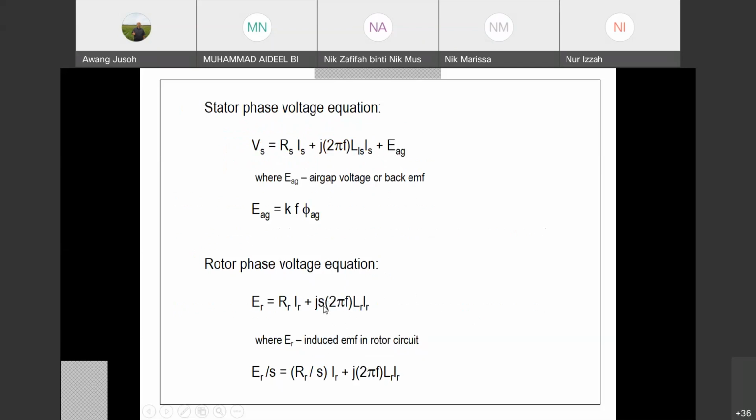So SF1 represents the frequency of the rotor side. On the stator they have F1 frequency, and on the rotor side you have F2, the rotor frequency. Two different frequencies, related by F2 equal to SF1. Simple like that. At stationary, if the rotor is not moving, S equals 1, so F1 equals F2.